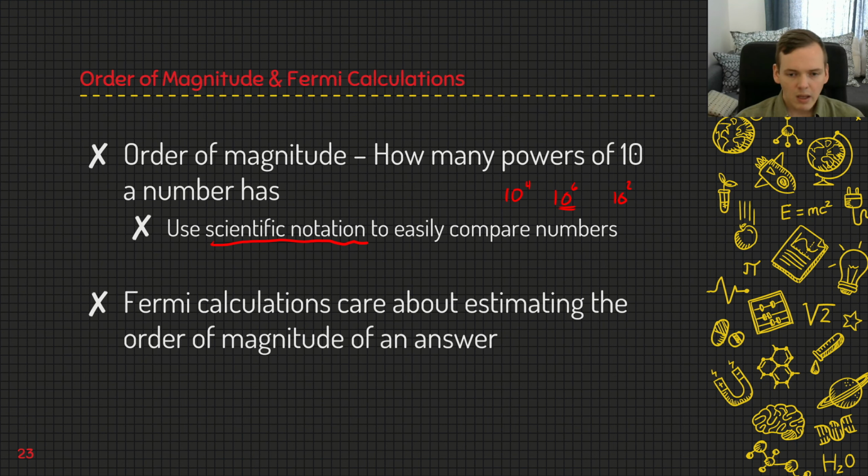Whoops. And then Fermi calculations are about estimating the order of magnitude of an answer. As an example here, a story that was told to me by my physics teacher was he often had students do some of these quick calculations on an early test.